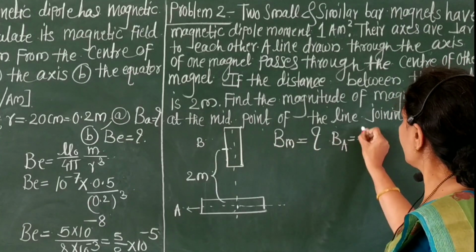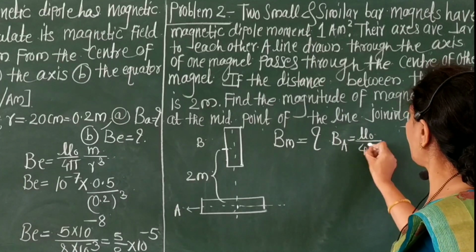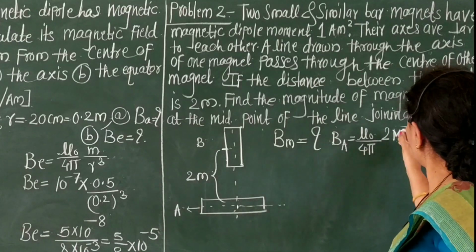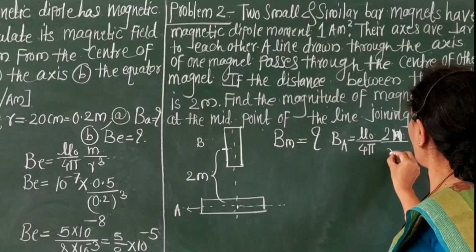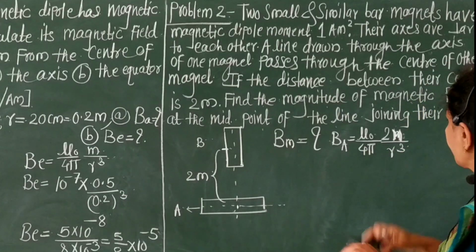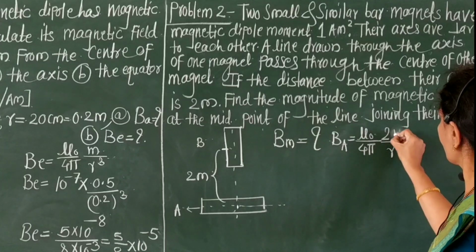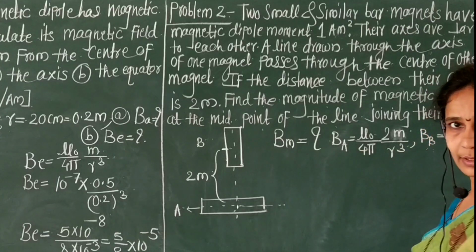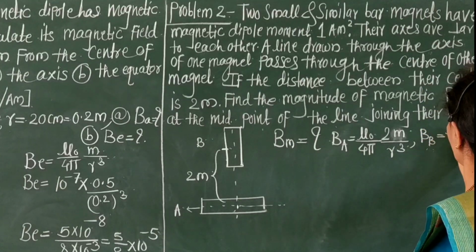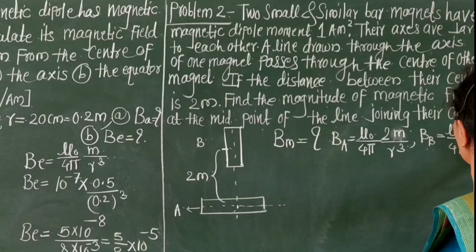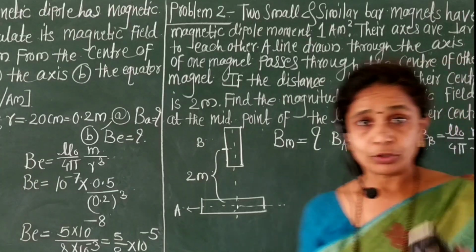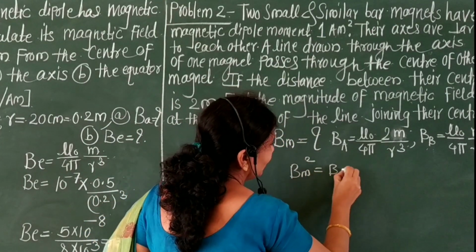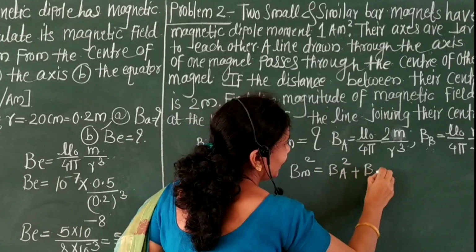BA is equal to mu naught upon 4 pi twice small m upon R cube. Okay. And what is BB, the second magnet's? mu naught upon 4 pi m upon R cube. What is BM? Then BM square is equal to BA square plus BB square.